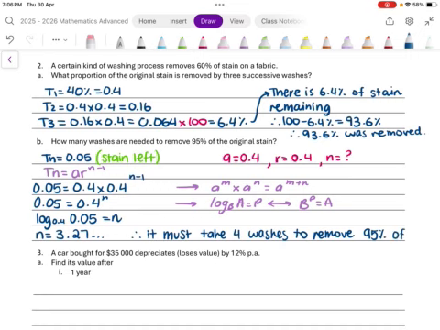Because if we only did 3 washes, we wouldn't have got 95% of the original stain gone.